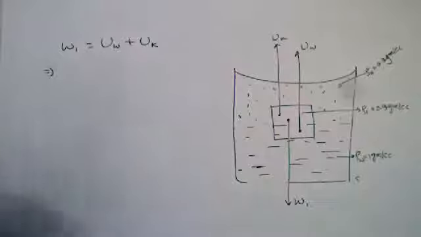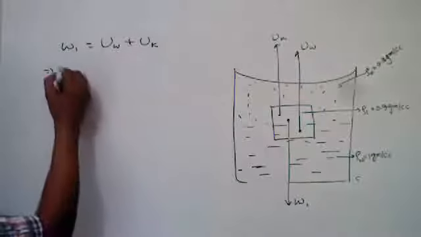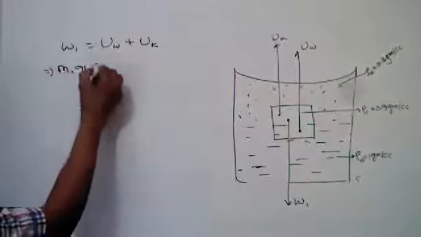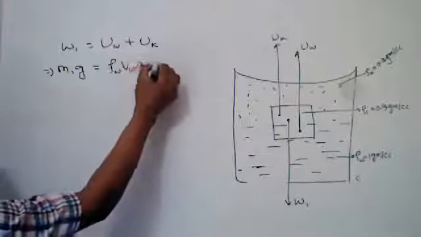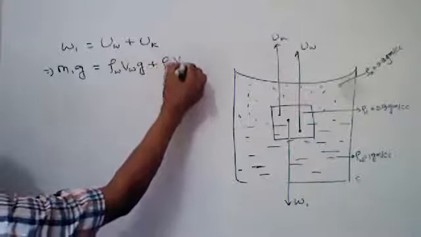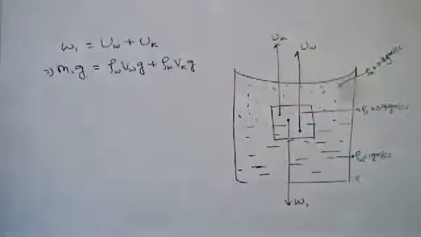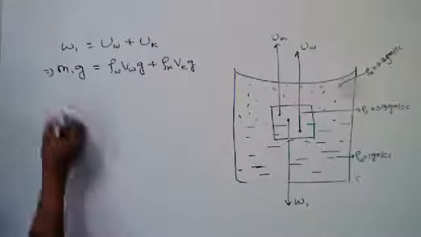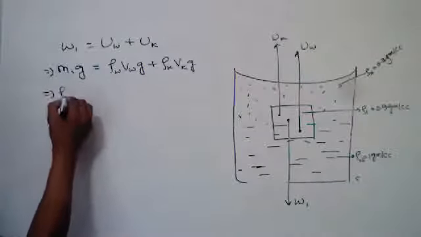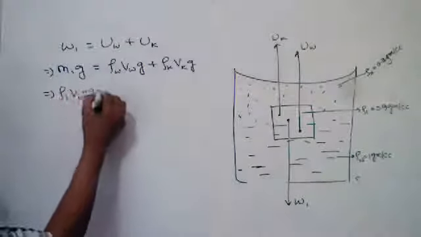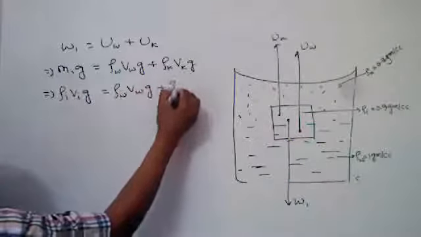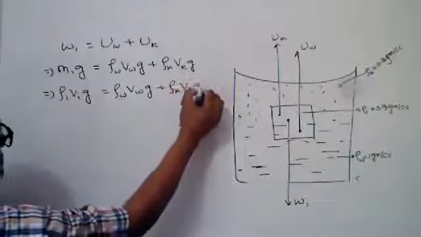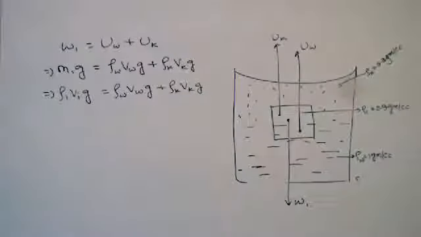So we can write MIG equals rho W VW G plus rho K VK into G. MI means rho I VI, so rho I VI G equals rho W VW into G plus rho K VK into G. Understand?